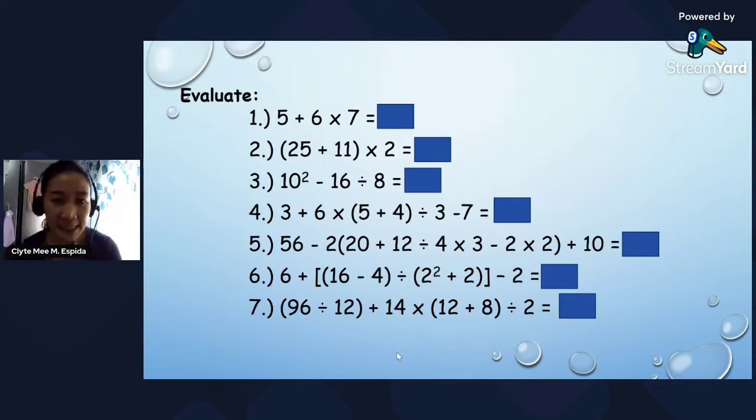Again, 5 plus 6 times 7 is equal to blank. I'll be waiting for your answers. Okay, some more answers. Okay, we'll be waiting.